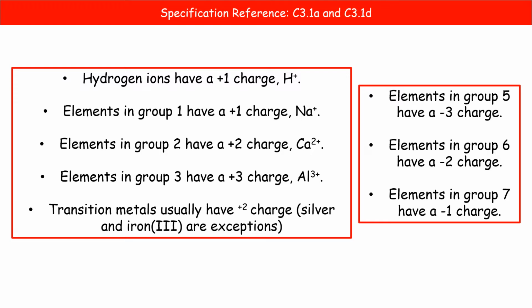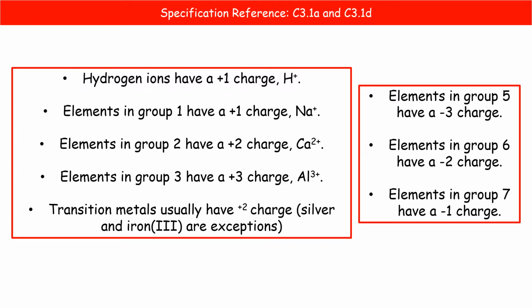From 7 to 8 is 1, a -1 charge. Because what's actually happening to form those ions, they're gaining electrons to get that full outer shell. So the full outer shell is going to be 8 in these cases, therefore 5 from 8 gives us -3, then 6 is going to be 2, 7 is 1. Don't forget the negative charge there.